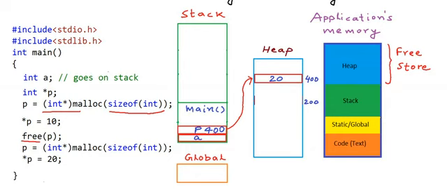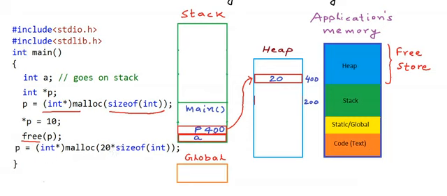If we wanted to store an array on the heap, like let's say an integer array, then all we do is make a call to malloc asking for one block of memory equal to the total size of the array in bytes. So if we want an integer array of 20 elements, then we will make a call to malloc asking 20 into size of int, which will be 4 bytes. So one big contiguous block of memory for 20 integers will be allocated on the heap, and we will get the starting address of this block.